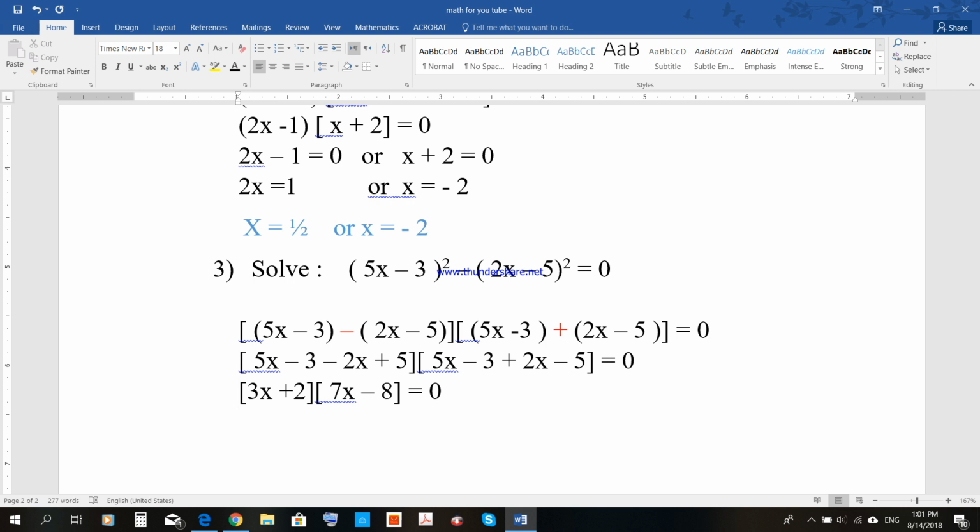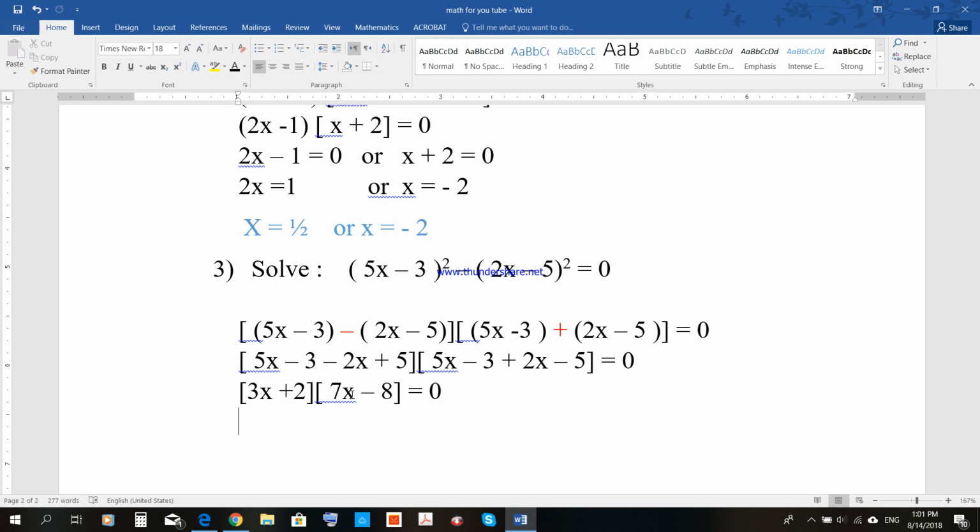We get two parentheses. Look, first, difference of two squares. We do factorization to reach two parentheses multiplied with each other. Now the first parentheses equal to 0, or the second parentheses equal to 0.